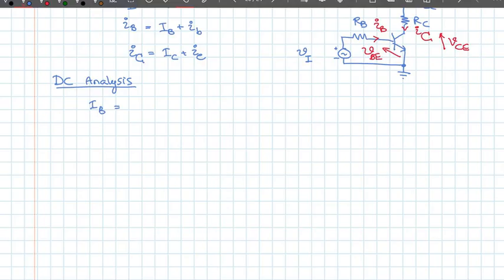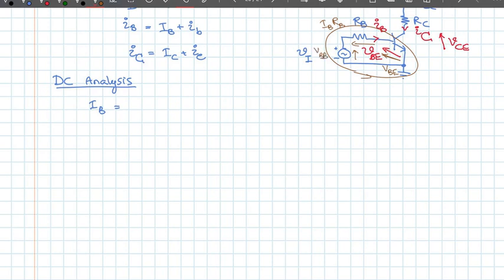So if I apply the Kirchhoff's voltage law to the input loop, that's this loop, all the voltages that we have are this voltage and this voltage. Since we are looking at only the DC components, this will be capital VBE, this will be IB RB, and this will be VBB.